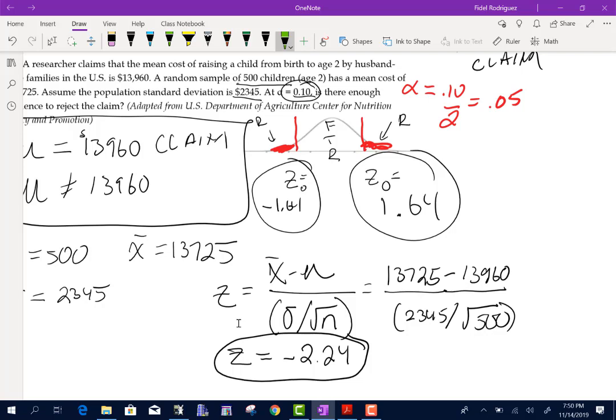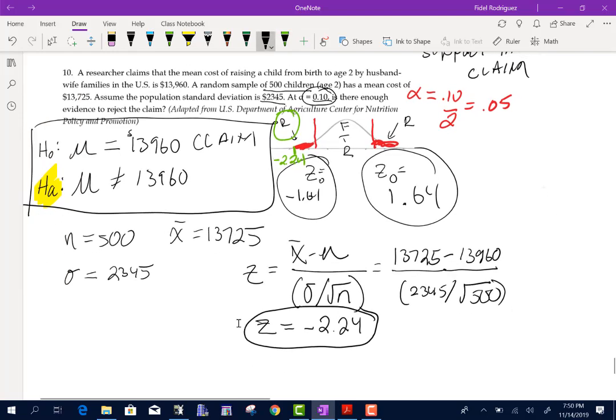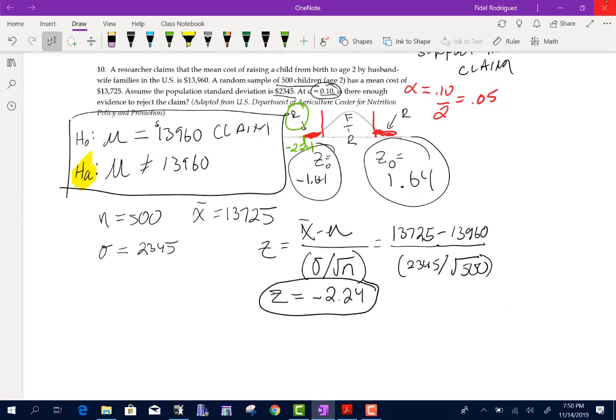What do you think? The z value here is going to be negative 2.24, right? Okay, so isn't that in our what area? Reject, right? So guys, we're going to reject the null, right? We're going to reject the null hypothesis, right? Because I'm in the rejection zone, right?